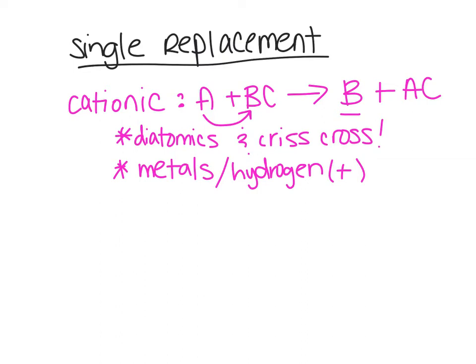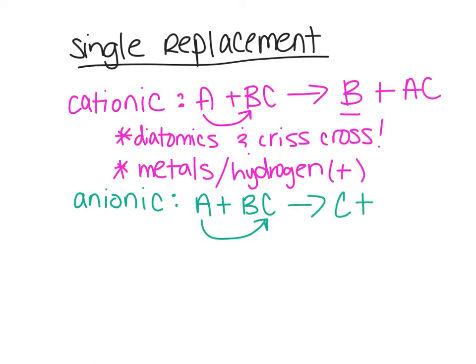The other kind of single replacement is an anionic. I am misspelling things left and right, so please feel free to tell me if I spell something wrong. An anionic thing would be A plus BC, but A kicks out C instead.